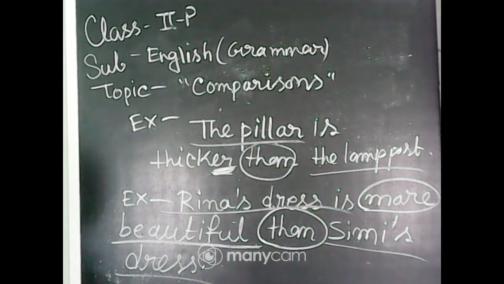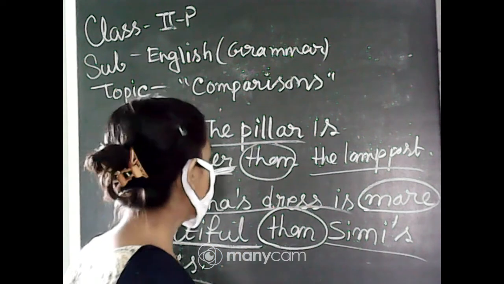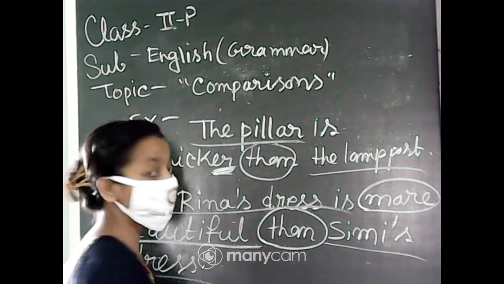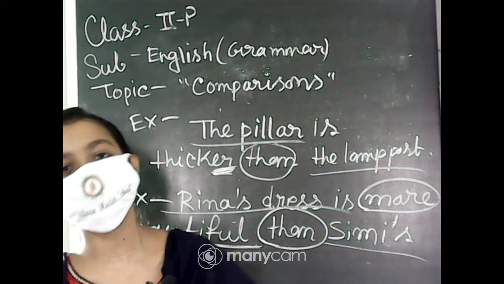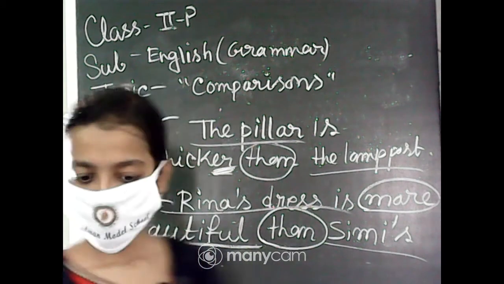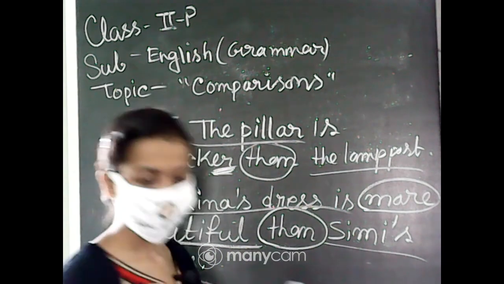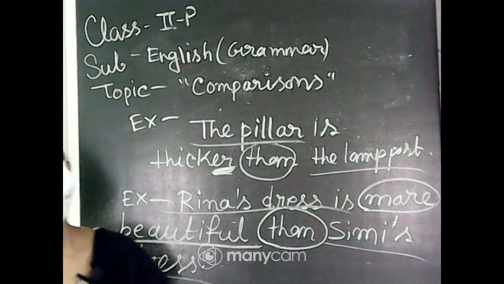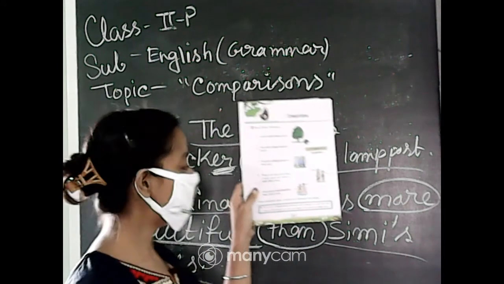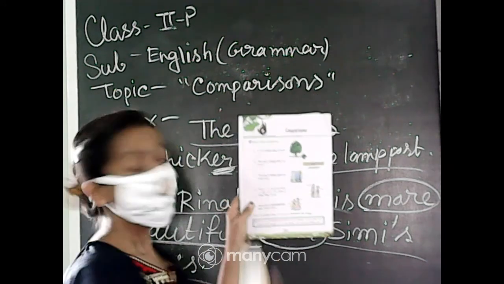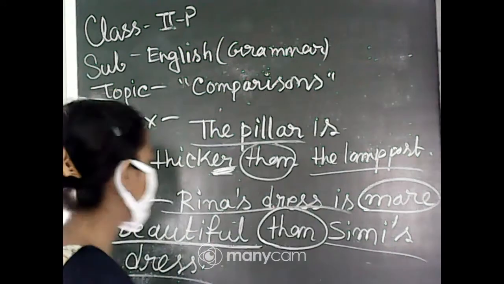Clear? That's how also we can show comparison. I hope this is getting clear to you. And you can see this box, this point, you have to keep it in mind.